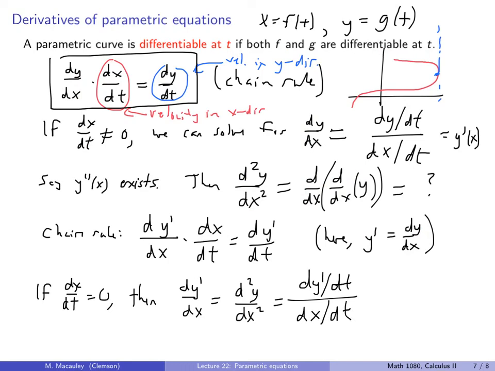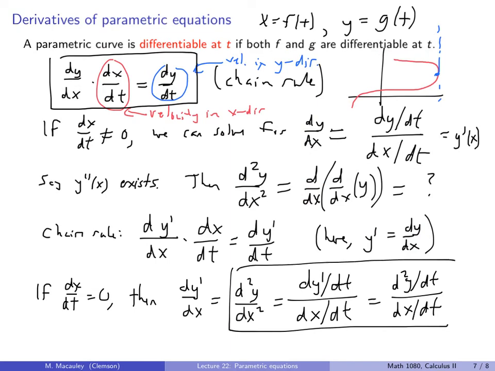Okay, so here is the formula for the second derivative.